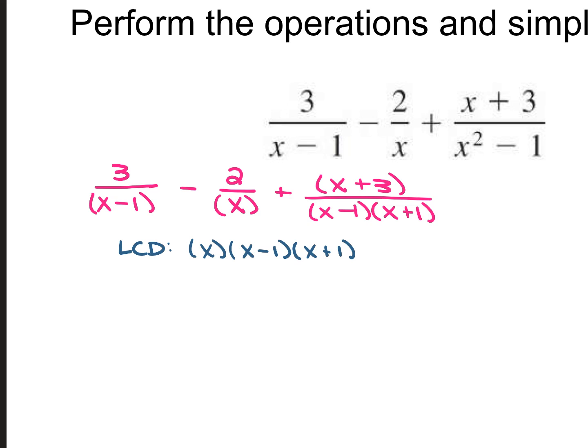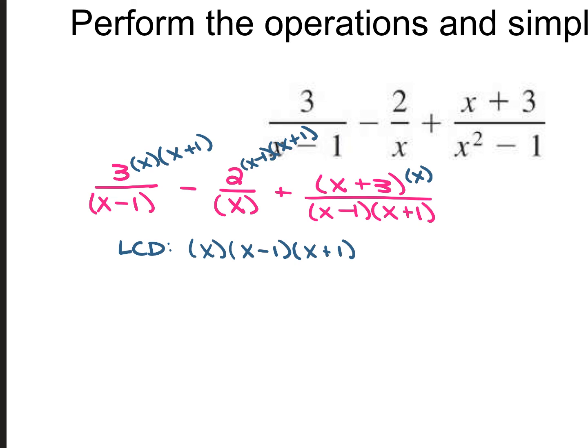So we would multiply that 3 by x as well as x plus 1. The second fraction, your denominator is just the x. It's missing the x minus 1 and the x plus 1. So we're going to multiply that by x minus 1 and x plus 1. The numerator of the third fraction, you are going to multiply just by x because that denominator is missing just the x from the least common denominator.